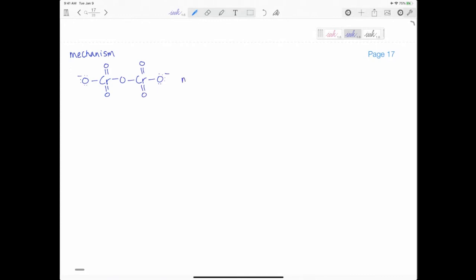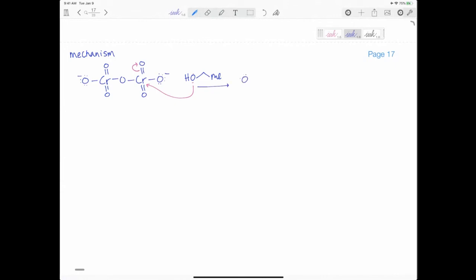If you had your starting material, which is your primary alcohol, I'm going to show you the mechanism for the primary alcohol. The oxygen of the alcohol is going to insert itself into chromium, and then it causes one of the double bonds to be broken.